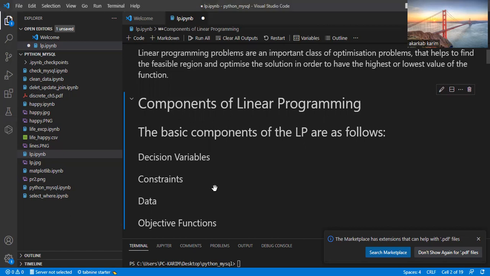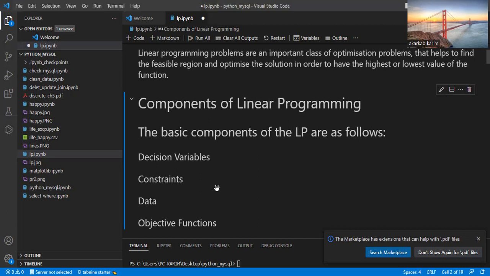The second component is the constraints. The constraints, as I said before, we cannot cancel. In the area of business, for example, in manufacturing, we cannot produce products all the time.